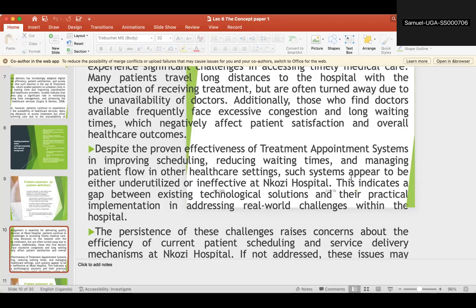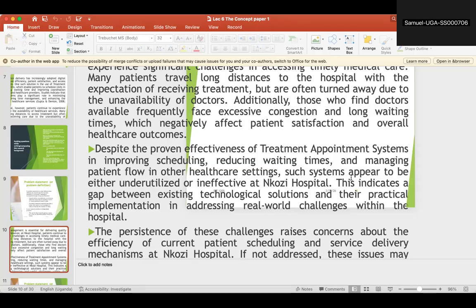Now you realize that there is evidence that patient appointment booking comes with a number of solutions in timely delivery of healthcare services. But in the case study we are trying to point out, such systems are either unavailable or underutilized. Proceed.